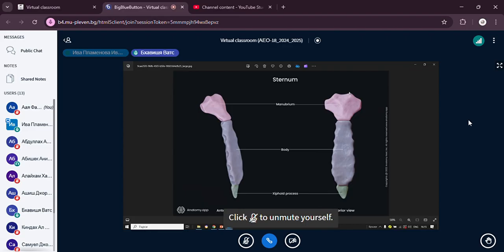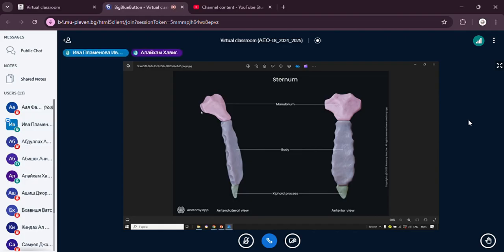The jugular notch. Perfect. On both sides of the jugular notch, we have a notch for which bone? Clavicle. Perfect. Clavicular notch. Okay, this one here, another notch, but for what?